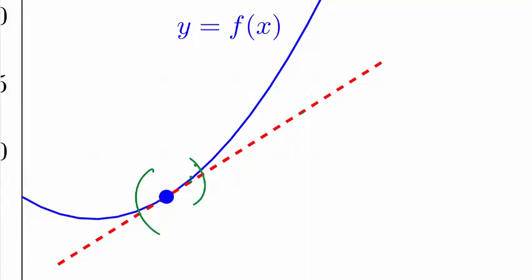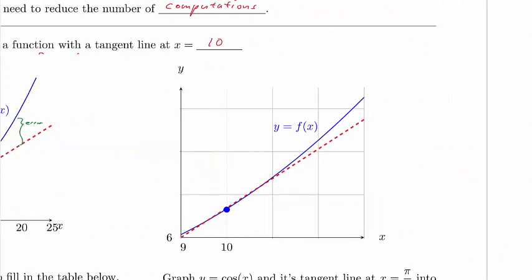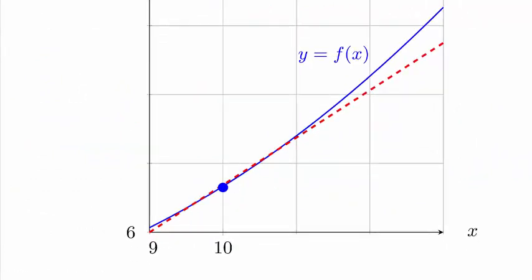But as you get further away, this starts to differ, and we start to build more of an error. And if you look over here, you see the same function zoomed in really close, and you can see 9, 10, 11 is right here, 12 and 13. At 11, you're still pretty close. At 12, you're starting to generate a little bit of an error right there.